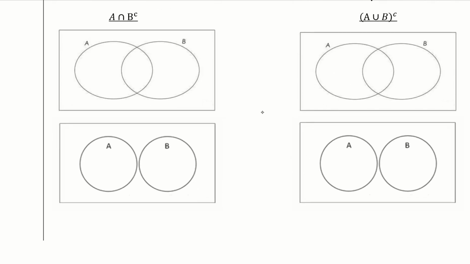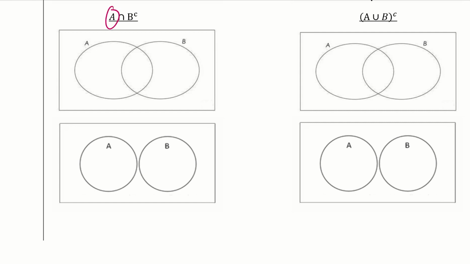Now here we have A and B complement. First off, I'm going to shade them separately, in different colors, because that's going to help. B complement is everything that is not in B. So let's focus on A first. Let's do A in red and B in blue.